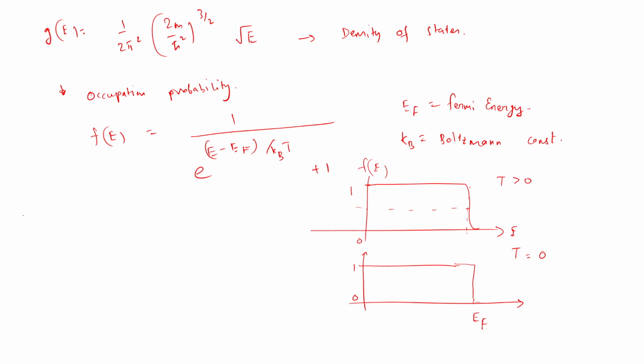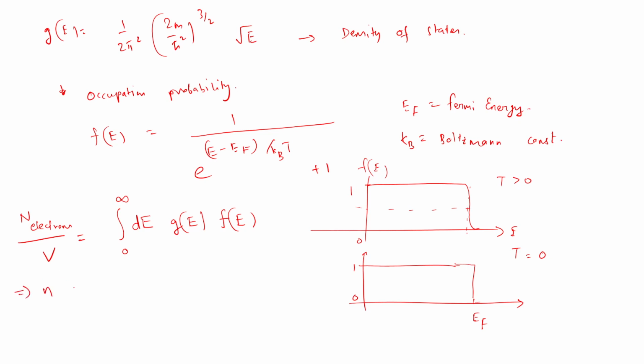So if we want to count the number of electrons, or the number density of electrons, you have to calculate, for energy from E to E plus dE, the number of states available and the probability that these states are occupied. So we have to multiply with f of E. This will give you the number density of electrons, and you have to integrate over all the energies.